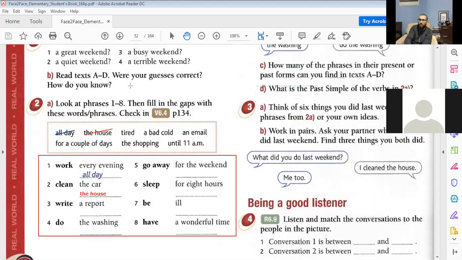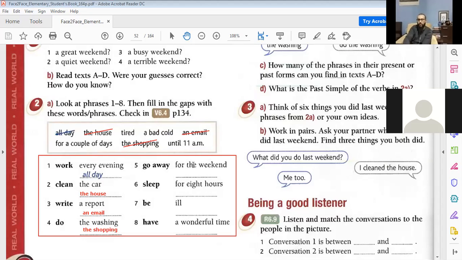An email. Maybe. Yeah. Write an email. So let's cross email. We can say do the washing or do the shopping. Do the shopping. So we can say do the washing, do the shopping. Let's write shopping here.